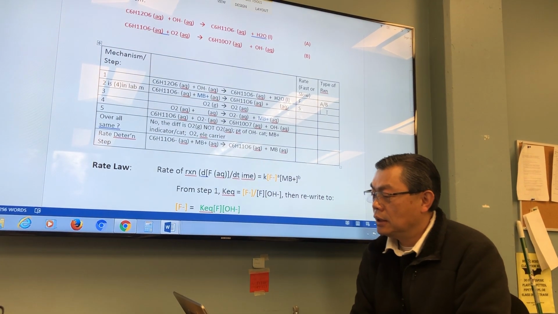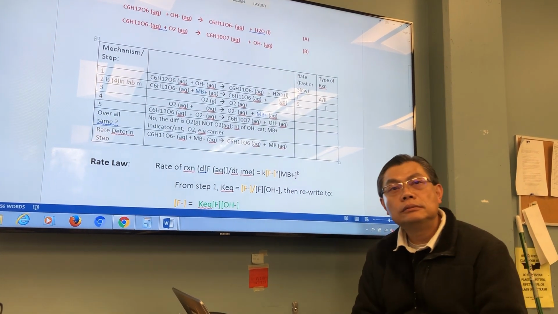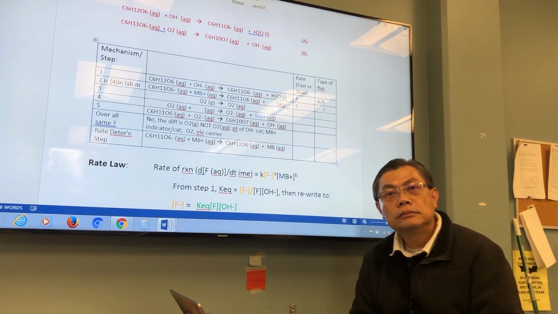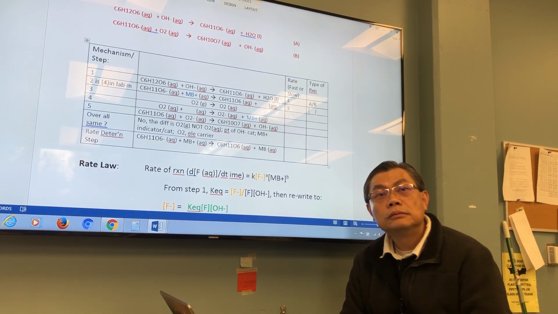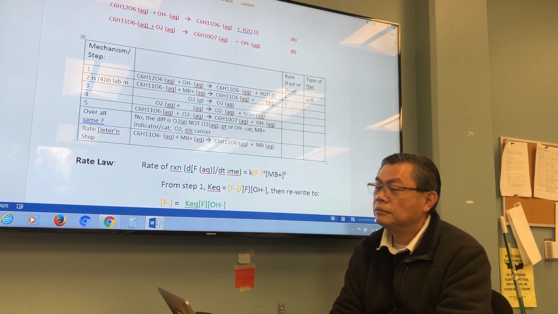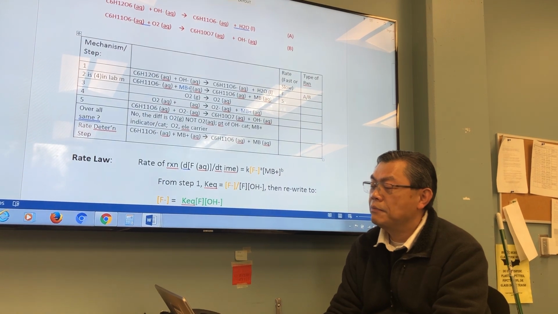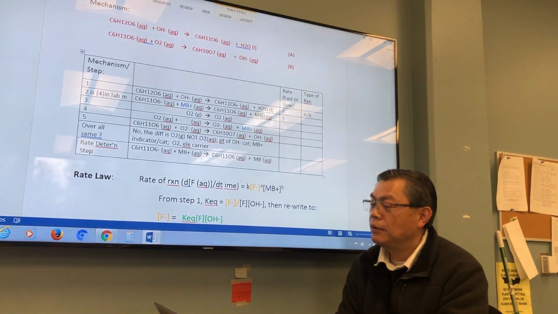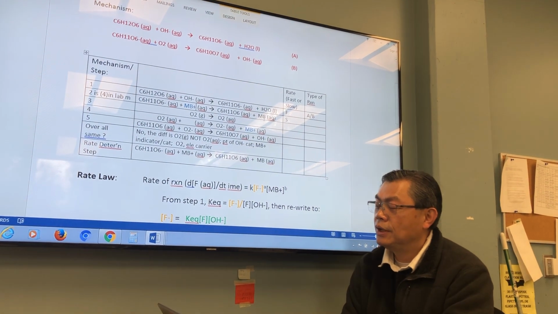What about the type of reaction? What is this doing? This is MP plus. This is MP 0. Plus to 0 is what?